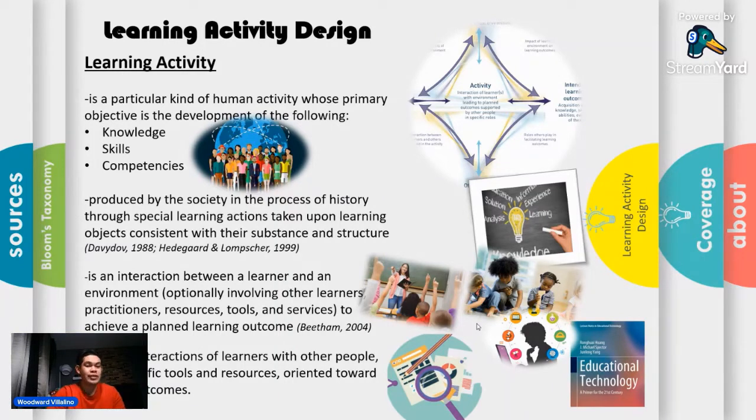Learning activity is produced by the society in the process of history through special learning actions taken upon learning objects consistent with their substance and structure. That is according to David Dove in 1988 and Hedegaard and Lompscher in 1999. So again, it is produced by the society.